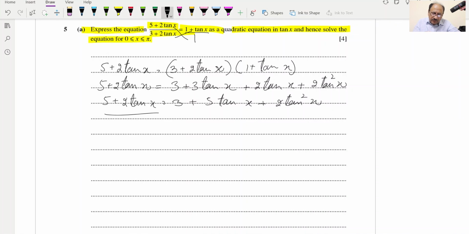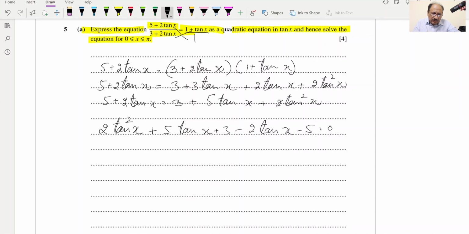Now we can shift these terms also to the other side, so we will start arranging them in sequence. So 2 tan square x, plus 5 tan x, and plus 3 minus 2 tan x and minus 5 is equal to 0.